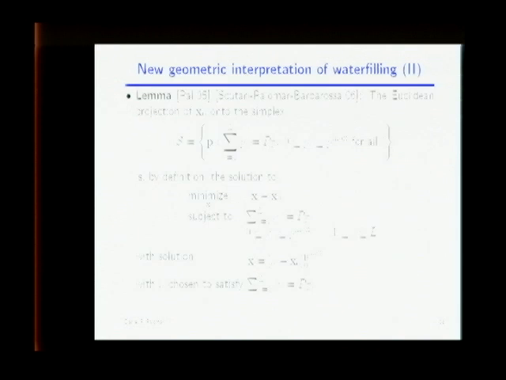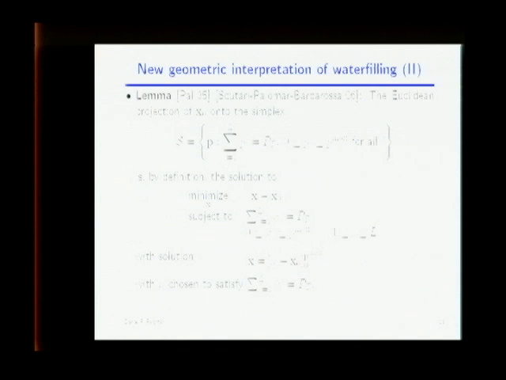Let me first start with this very simple result. Let me define this set. This is a simplex. A simplex is the set of points that are non-negative and that sum up to some value. The only difference is that I include an upper bound here, but forget about that. Consider only the non-negative constraint and the summation equal to some value. This is a simplex, right?